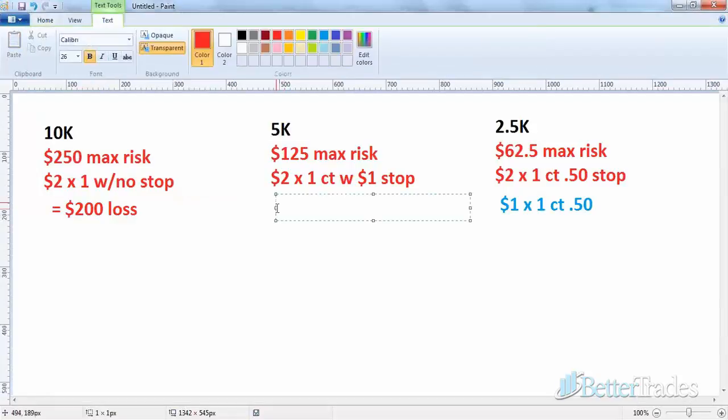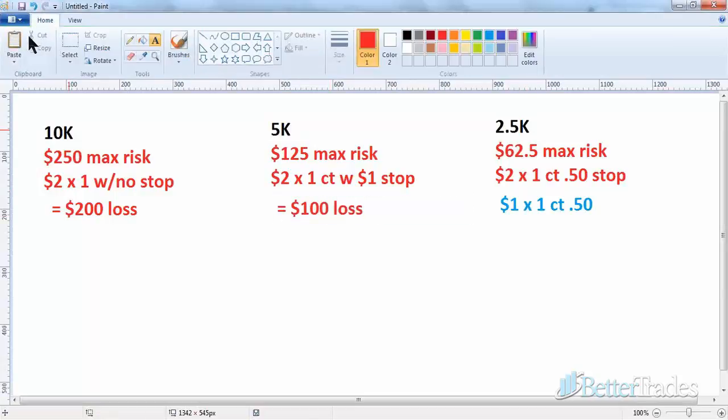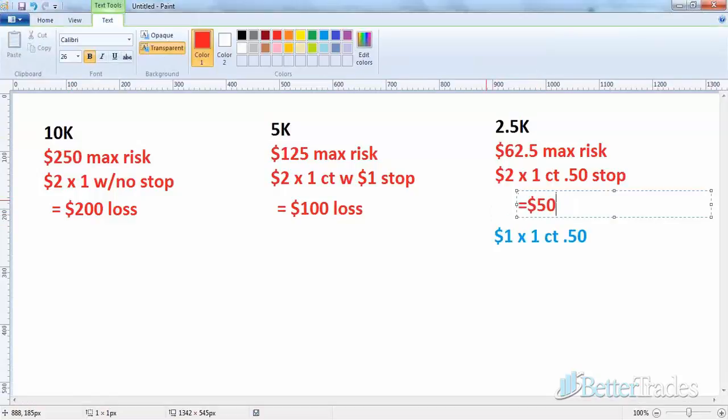Here you're experiencing a $100 loss. And over here in the first example, this is going to be a $50 loss. And this one down here would also be a $50 loss.